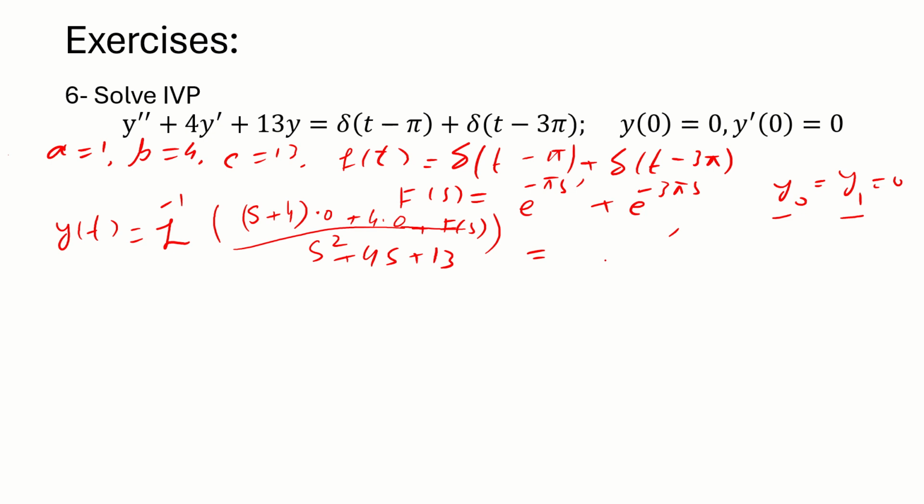That means we can write it in the form where f of s is this one, so I just express this in the form s square plus 4s plus 4 plus 9, as we did in the last case.